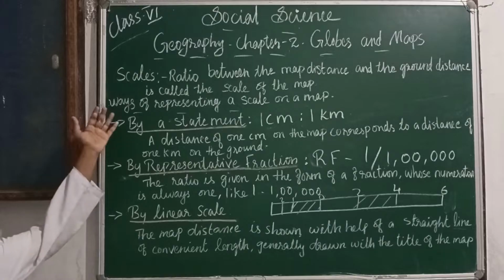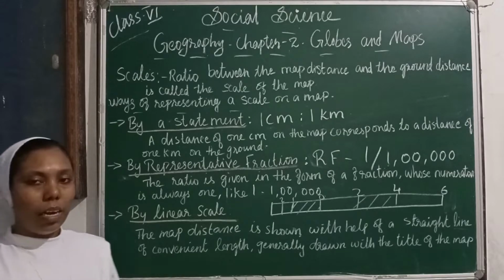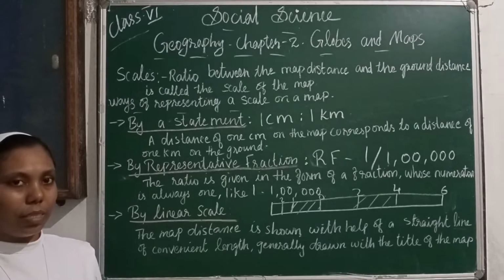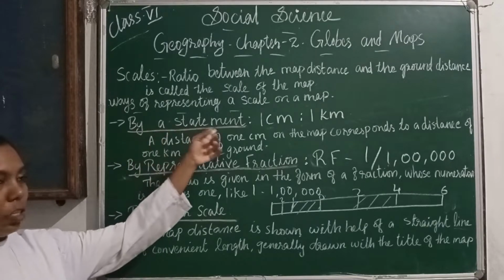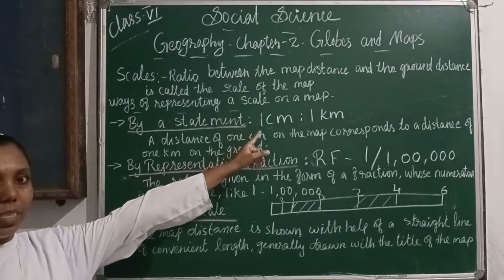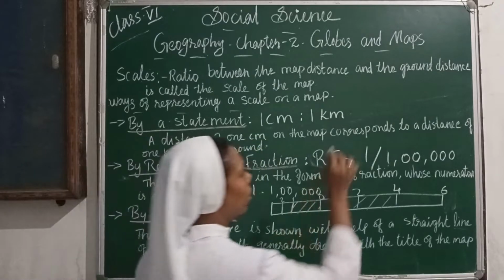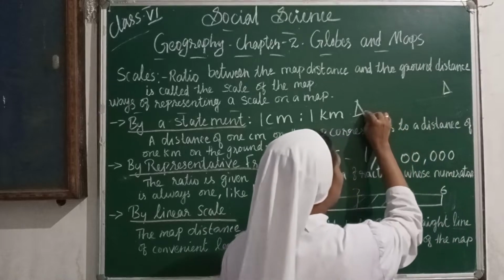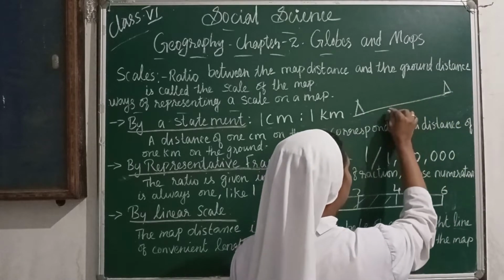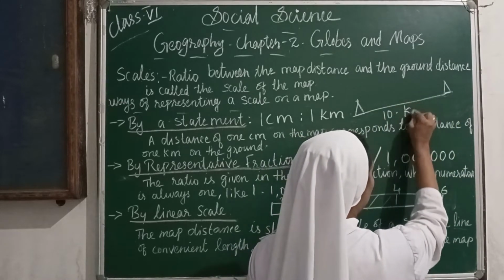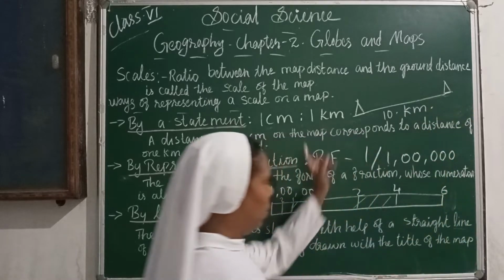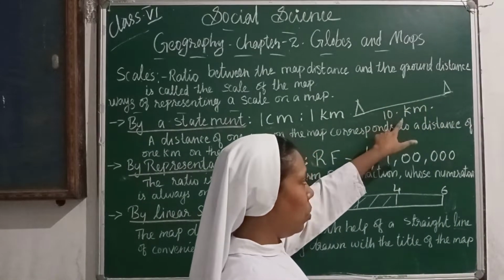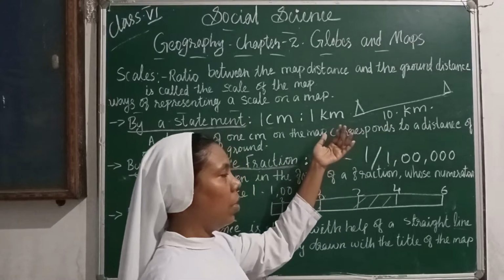Already we told that the scale is a ratio between the map distance and the ground distance, and by a statement, 1 centimeter is equal to 1 kilometer. For example, your house and the market are 10 kilometers apart on the ground. Then how many centimeters will it be on the map?